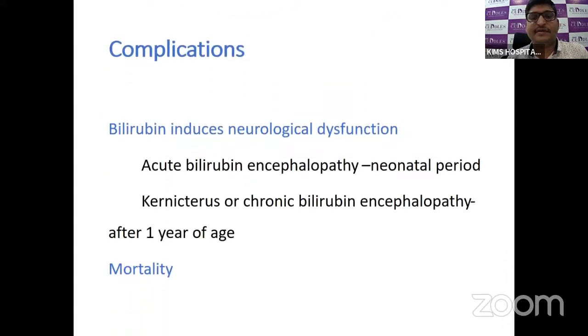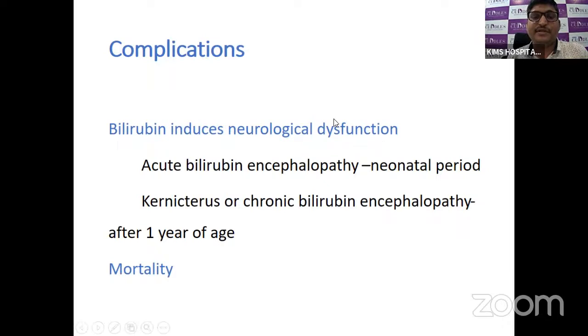So why are we concerned more about the management of hyperbilirubinemia? Even physiological jaundice is the most common problem, and it has severe complications. It can cause bilirubin-induced neurological dysfunction, and others can be related to mortality as well. These are the major complications we want to prevent.